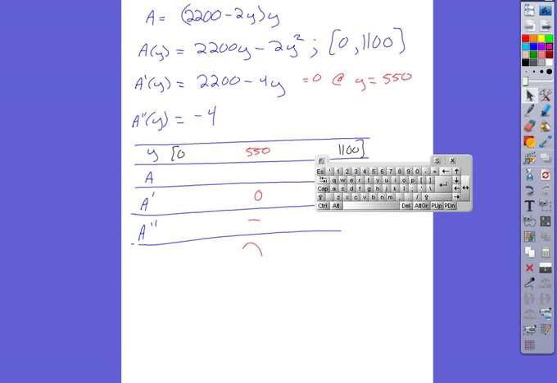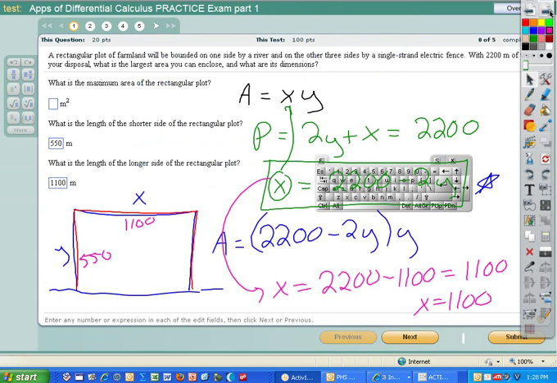I could put in 550 for y and see what we get, and do that quadratic equation. Or probably easier, we're dealing with a rectangle. So just 550 times 1100 is what? Some answer, what our calculator tells us. Okay? Make sense?